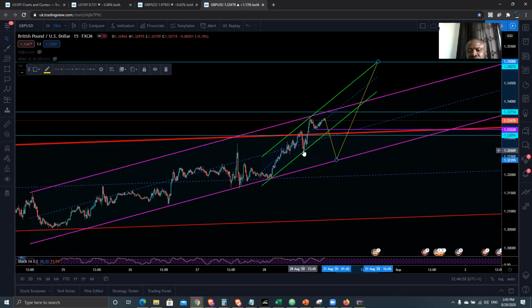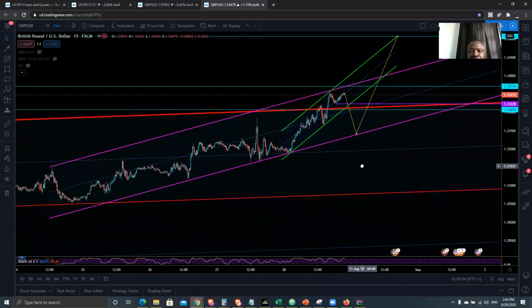Because what you'll be looking at is you're going to be saying, oh, we broke this structure, or we broke this low, we broke this low. But inside the main structure, we haven't taken out this main structure until, and that's why we can see the retracement that comes all the way down there before we take off and continue to push up to this 13500.